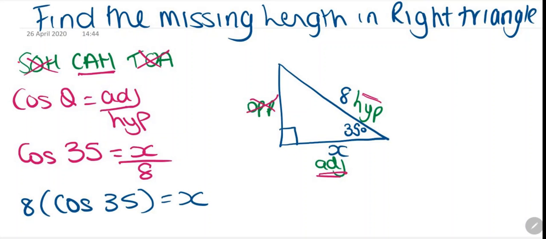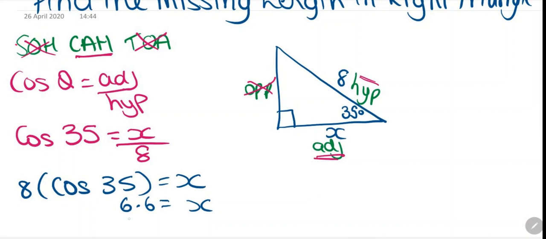I can put that in my calculator. 8 multiplied by cos 35, okay, so 6.55. I'm just going to round to one decimal place. So my answer, the length of x would be 6.6.